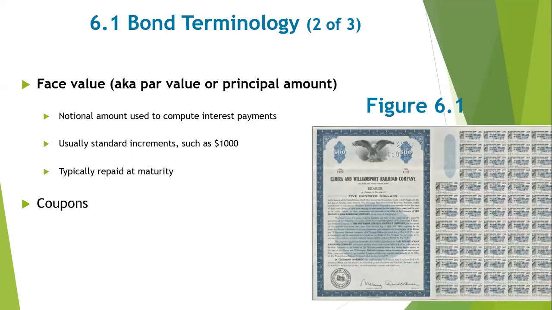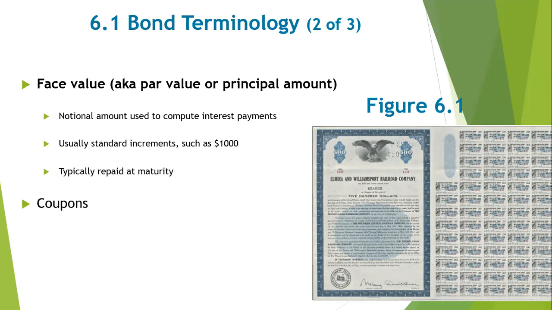So bonds typically provide two types of payments to their holders. The principal or face value, also known as par value or principal amount, represents the notional amount used for computing interest payments, and it is usually repaid at maturity.